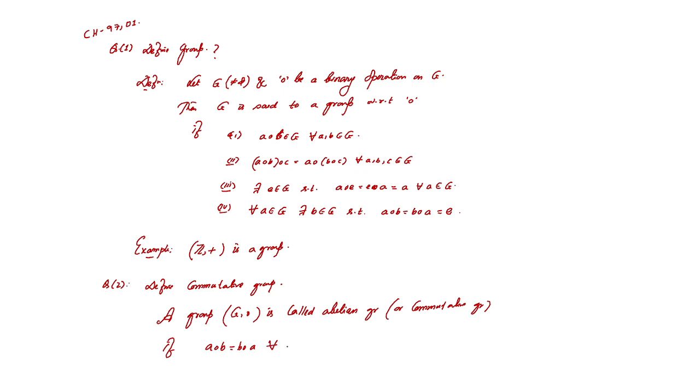That means it holds the commutative law for all a, b belongs to G. Then this group is called a commutative group. If we think about an example of a commutative group, again Z with addition is an example of a commutative group.